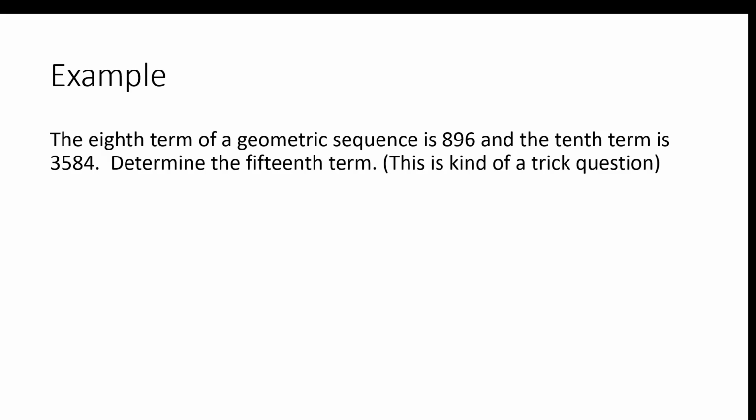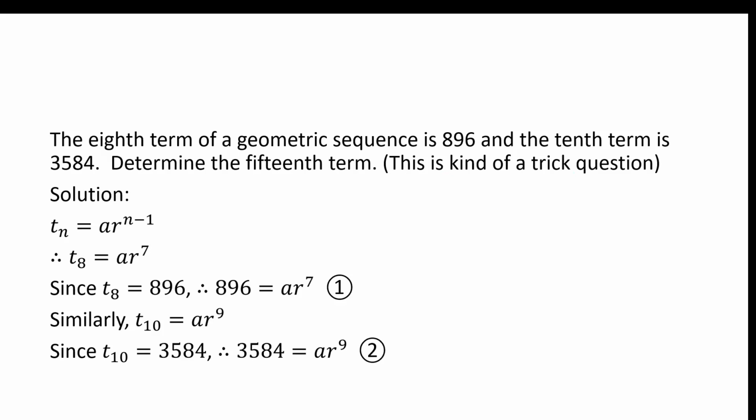Now, what if we have a geometric sequence where the 8th term is 896 and the 10th term is 3,584? We'd like to determine the 15th term, and there's a bit of a warning here. It's a bit of a trick question. Well, what we do is we know the formula Tn equals AR to the n minus 1, so if we let n be 8, T8 will be AR to the 7.